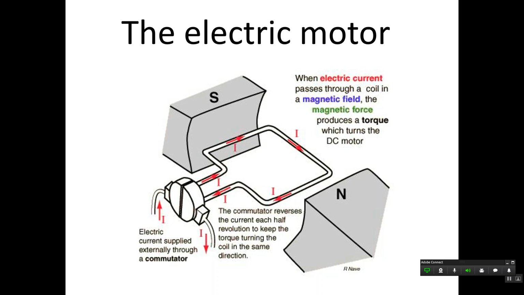Your fans, your computer fans, same thing. They're all electromagnets. They're all motors, and they work on this principle. The device that flips the current is called a commutator. When it senses that you're beyond that tipping point, the current flips around and it allows the motion to continue.